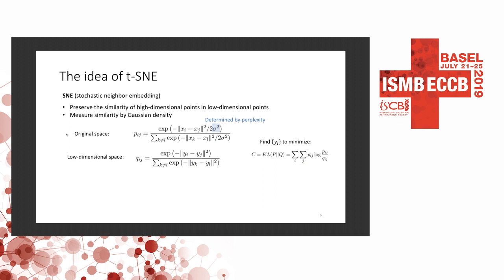You can see this exponential family has a decay function of the distance like this. If the distance between two cells is very close, it will weigh more than if these two cells are very far from each other. So this distance measure tries to capture the local distance more.